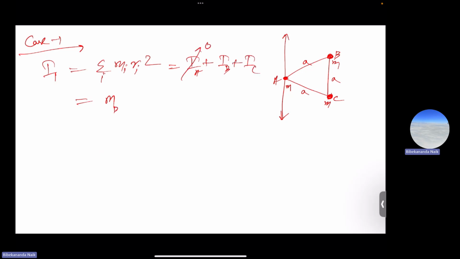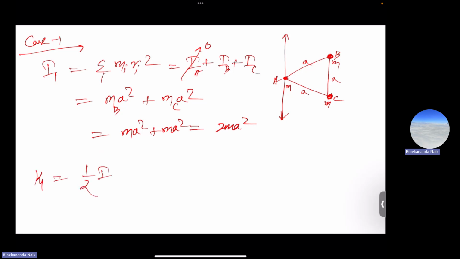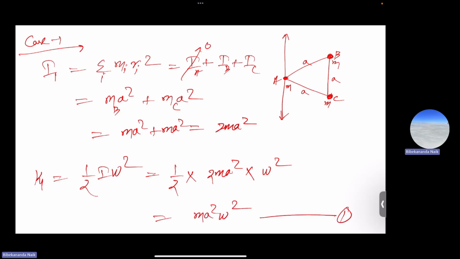For I_B it will be M A square, plus for C, M A square, which is 2MA square. So what is K1? K1 is half I omega square, half into 2MA square into omega square, so it is M A square omega square. This is equation 1.